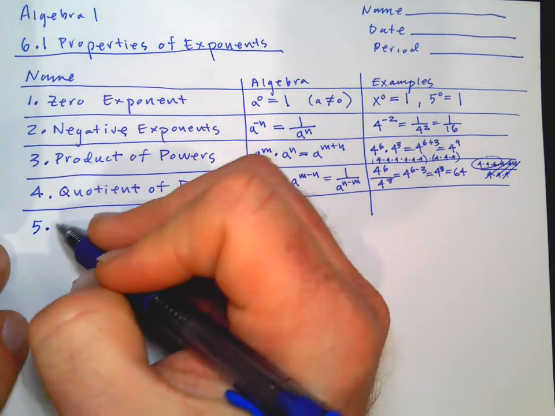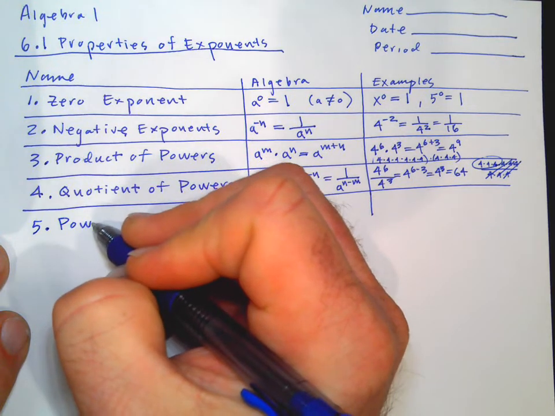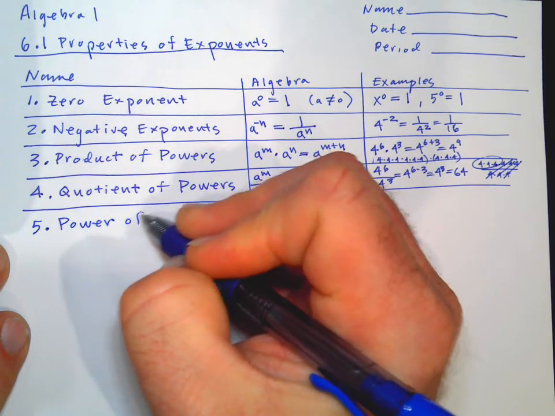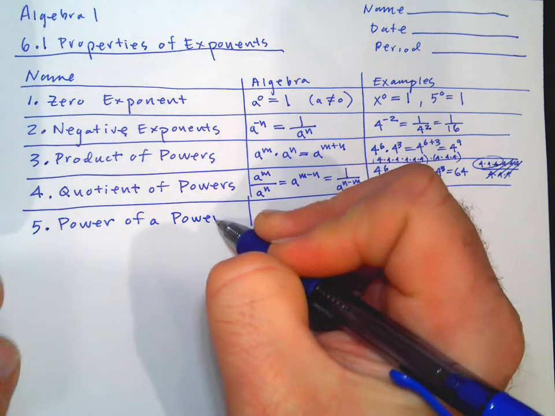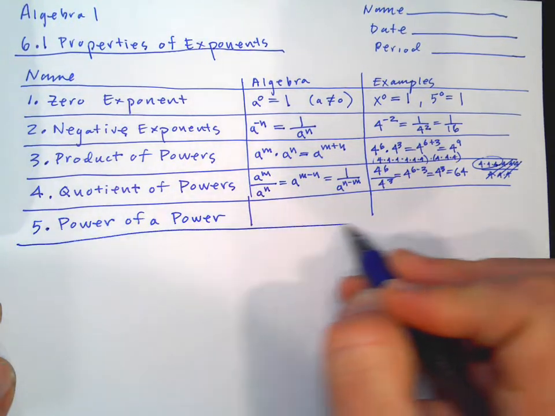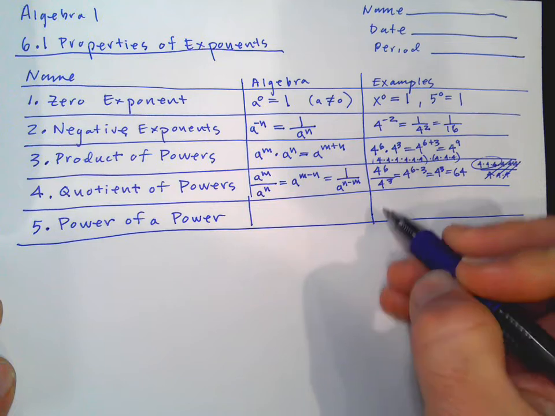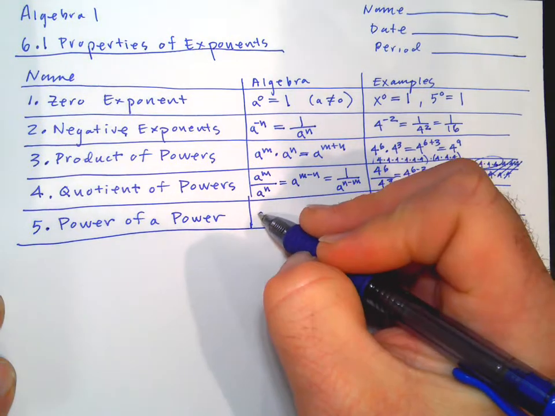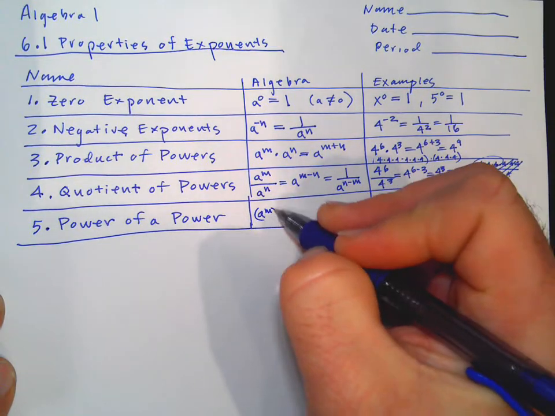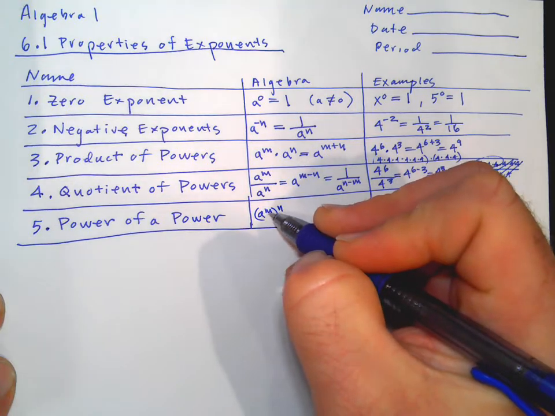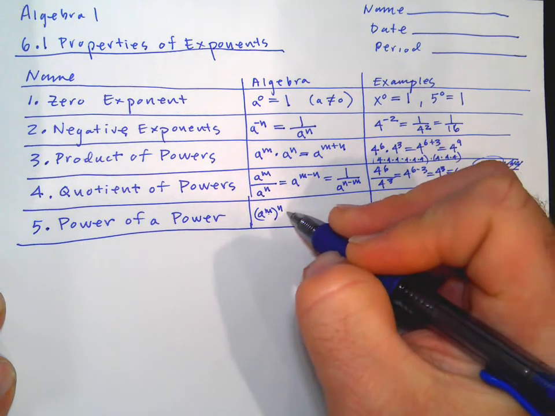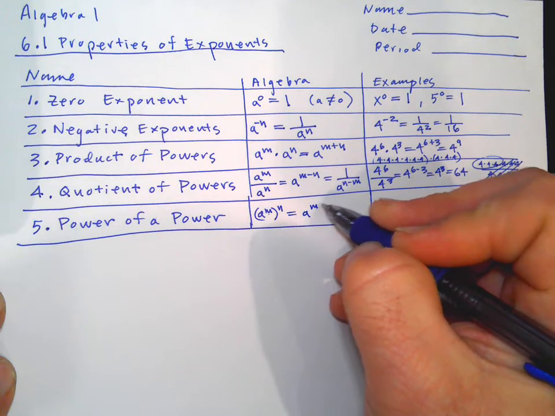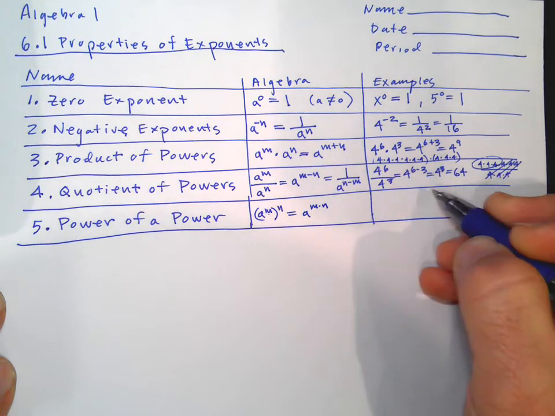Number 5, power of a power. Something has an exponent and then you raise it to another exponent. Generically it looks like this: a to the m to the n. So you have something to a power and then you're raising all that to a power. The rule is you multiply them.